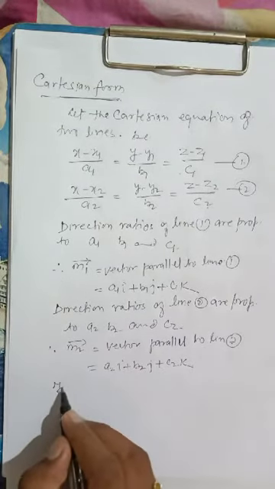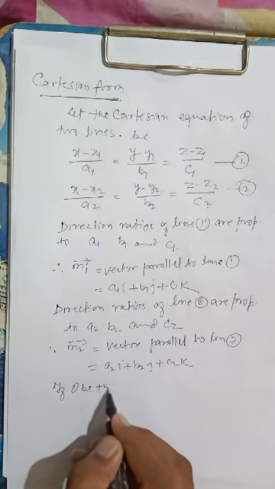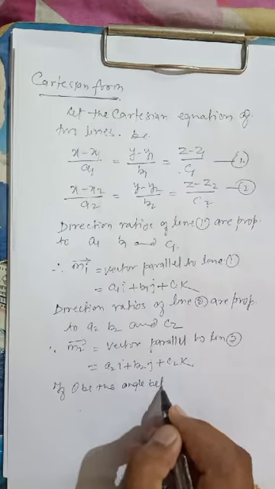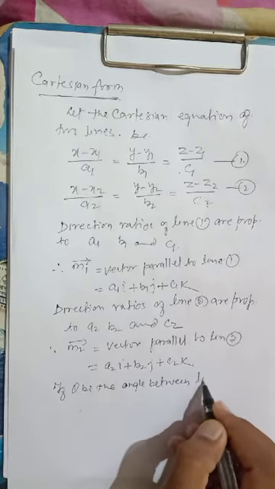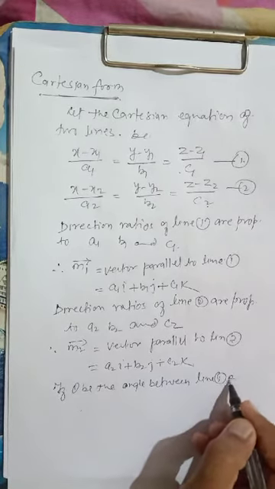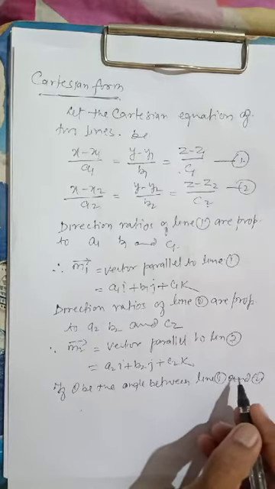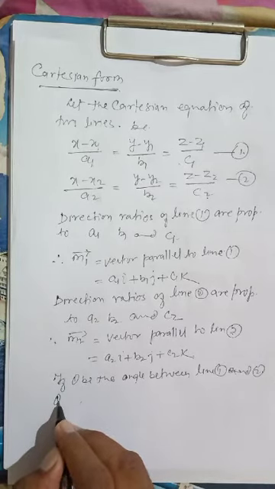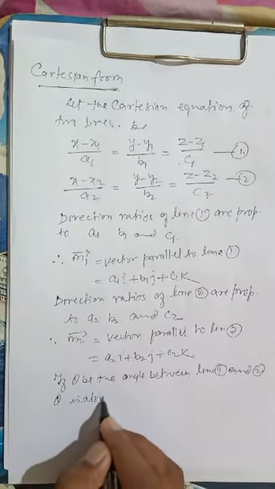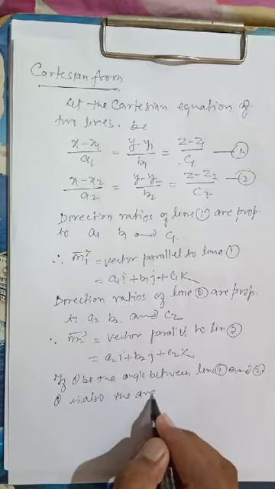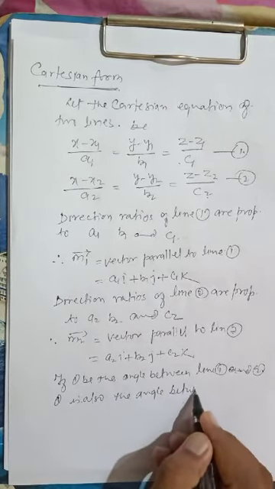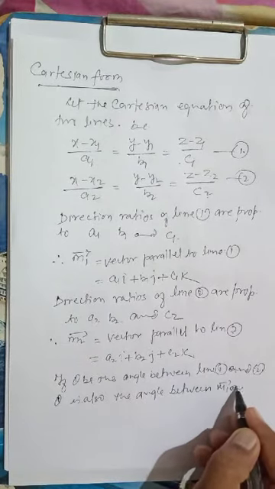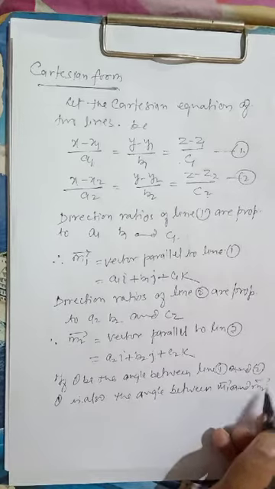So if theta be the angle between line 1 and 2, theta is also the angle between m1 vector and m2 vector.